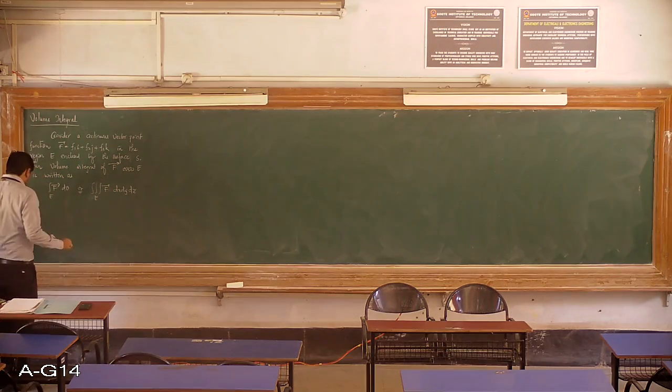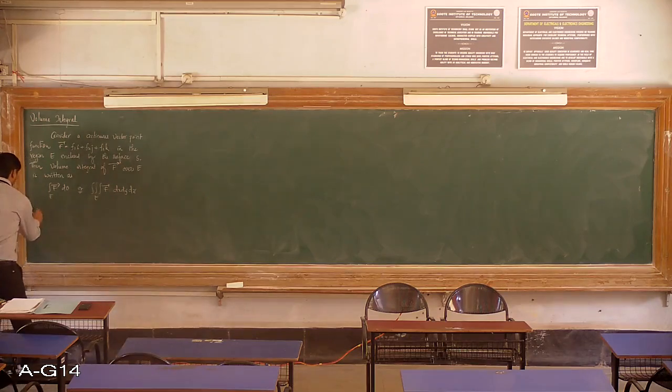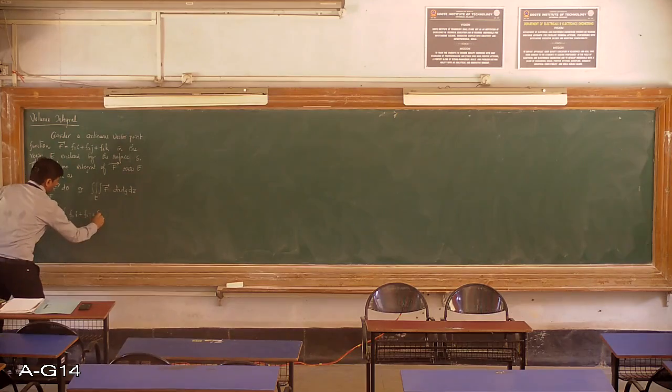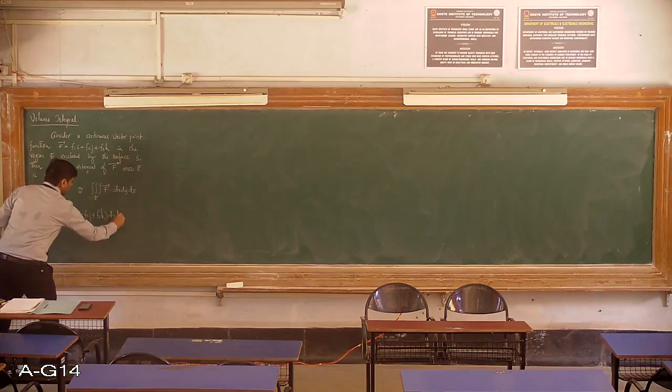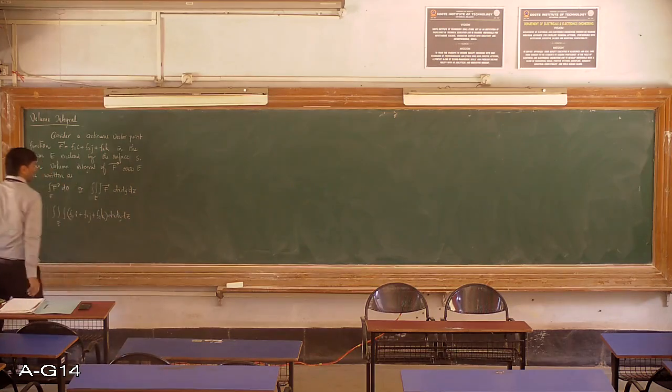If you elaborate it, triple integration over E, F is f1 i plus f2 j plus f3 k, into dx dy dz.